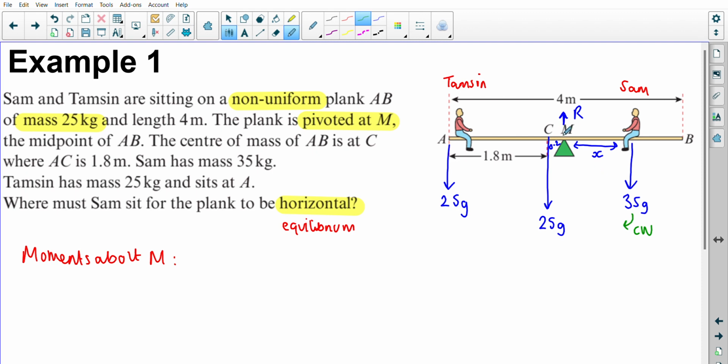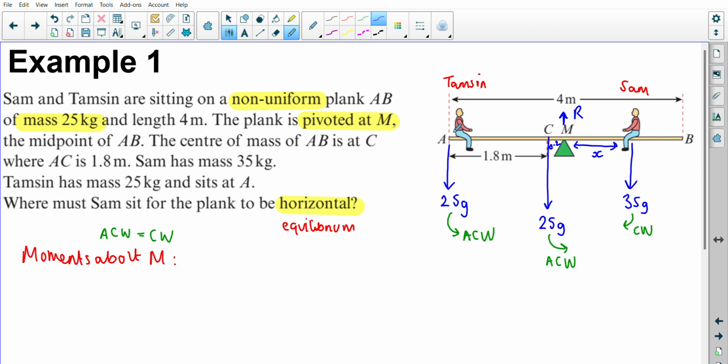I'm going to have a moment here from the centre of mass, and that's going to pivot the plank in an anti-clockwise direction. Then I'll also have Tamsin's weight causing the plank to pivot in an anti-clockwise direction. And with equilibrium, I'm going to set my anti-clockwise moments equal to my clockwise moments, or vice versa.